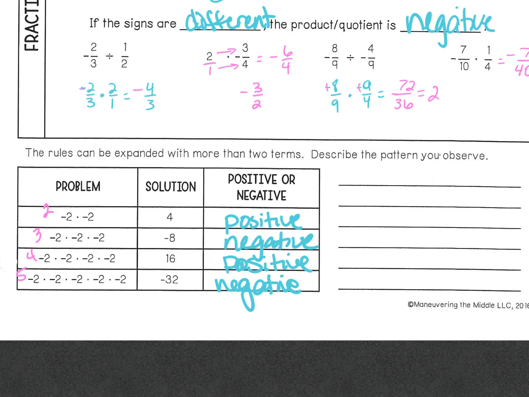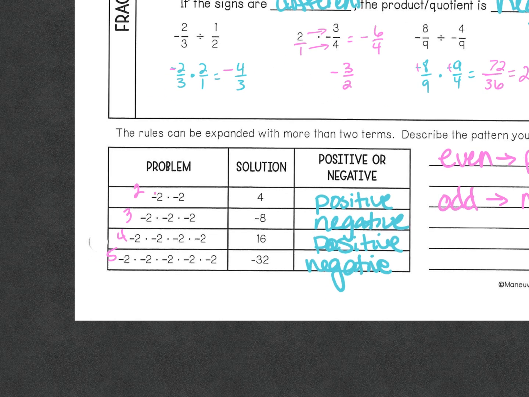So the pattern is that when it's even, it becomes positive. When it's an odd number of negatives, it stays negative. Because we know negative times a negative makes it positive, but these two make it positive, but then you're left with 1, 2, and then 2. So that's positive, but then you're left with a negative.